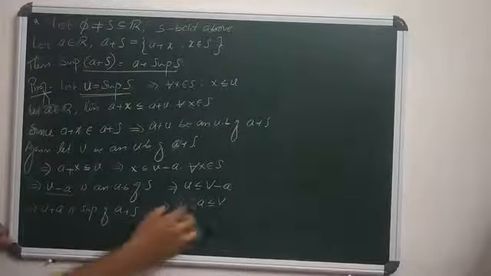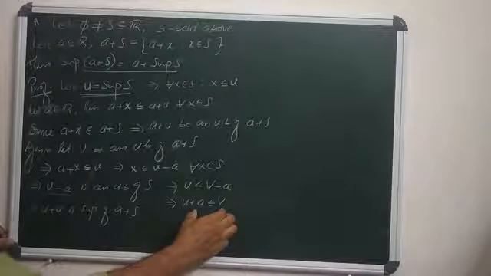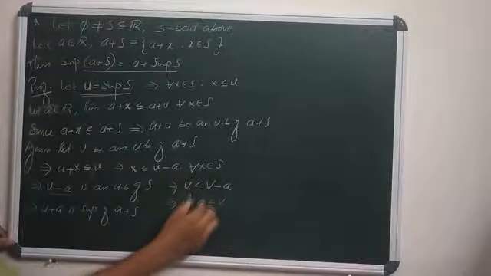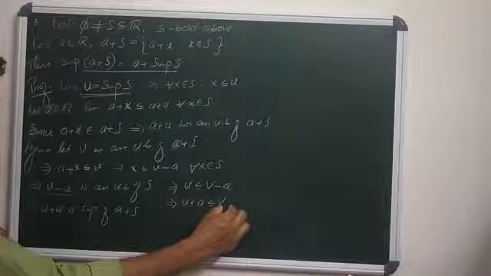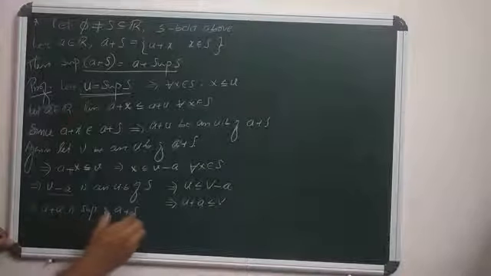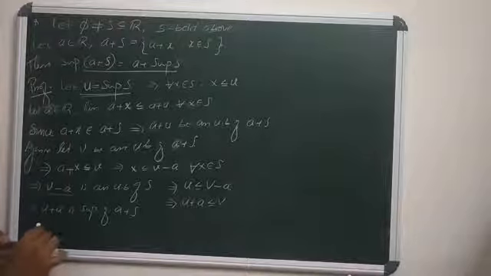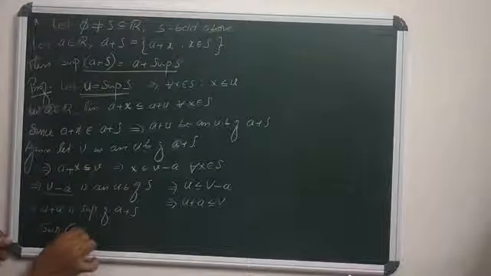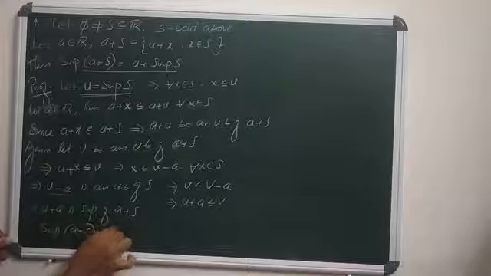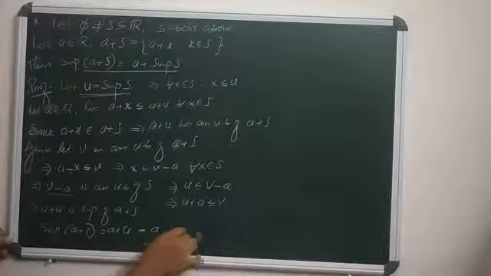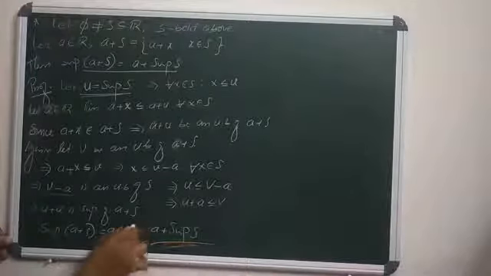Why? Listen, u plus a is less than or equal to v, where v is an arbitrary upper bound of a plus S. That means u plus a is the supremum of a plus S. Therefore the supremum of a plus S equals a plus u, that is a plus the supremum of S, since u is the supremum of S. So this is our proof.